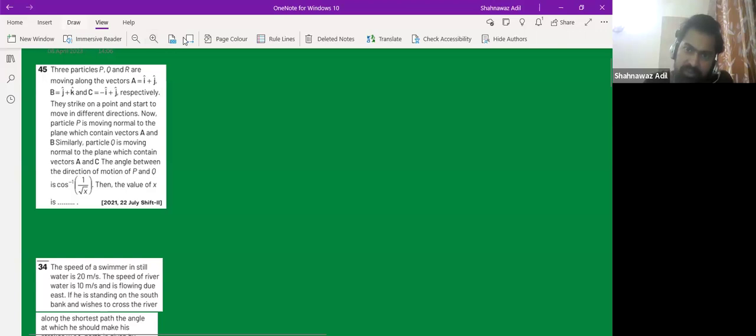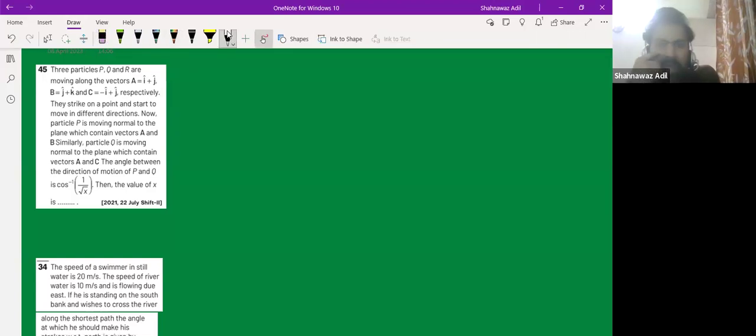We have three particles moving along the given vectors respectively. They strike at a point and start to move in different directions. Now particle P is moving normal to the plane which contains A and B, and Q is moving normal to the plane which contains A and C. The angle between the direction of P and Q is how much?